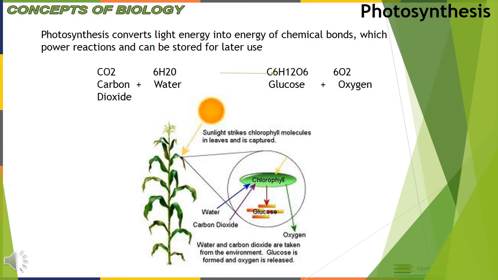just one quick note, if you look at the H2O where it says 6H2O, the 6 indicates that there are 6 water molecules, okay? It doesn't necessarily mean that there's 6 hydrogens and 6 oxygens, it just means that there's 6 water molecules. And same with the oxygen at the end, it has 6 O2, and the 6 indicates that there are 6 oxygen molecules.